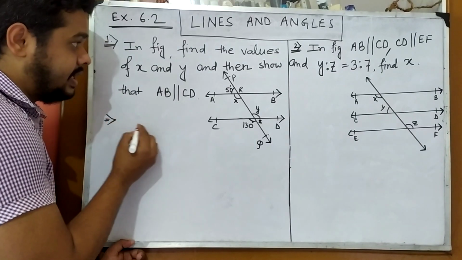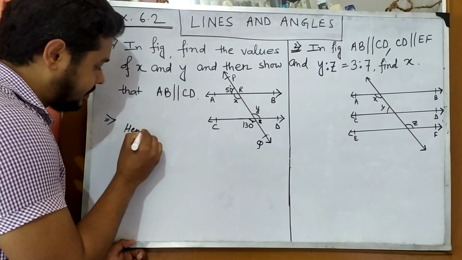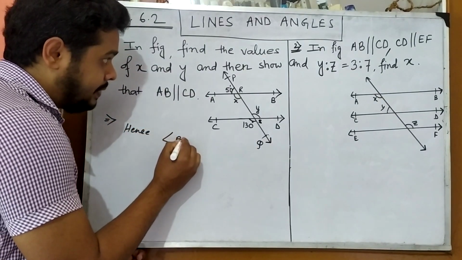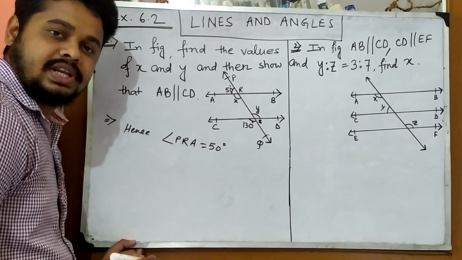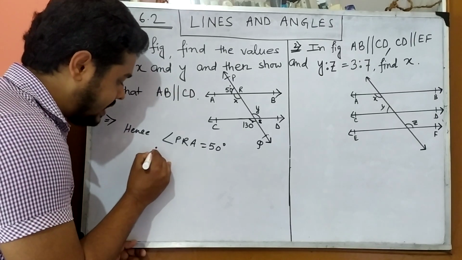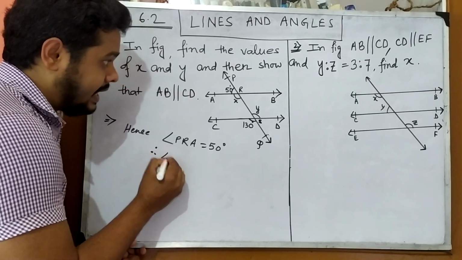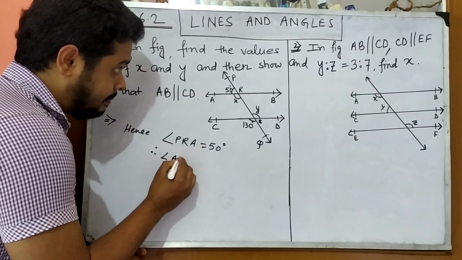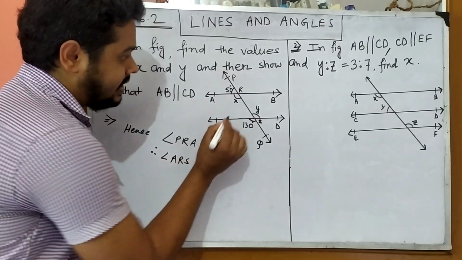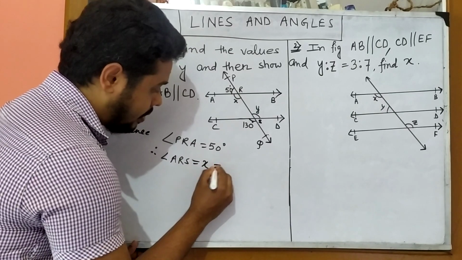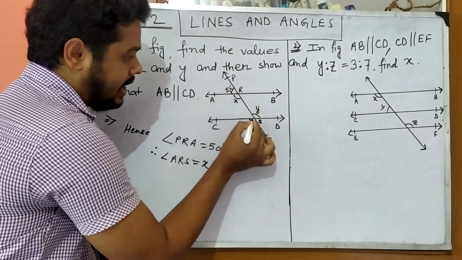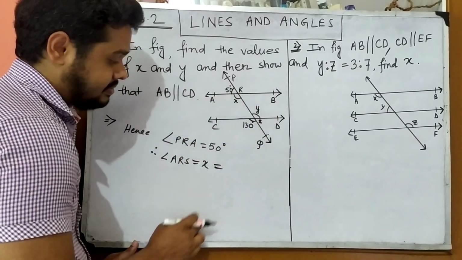Now you can see, given PRA equals 50 degrees. Clear? So angle ARS equals x.